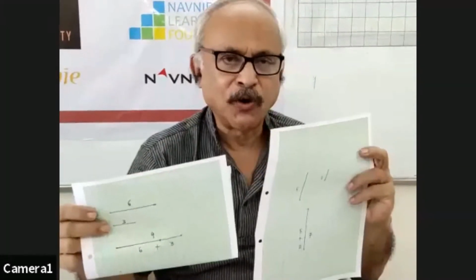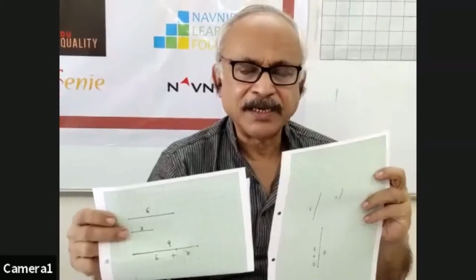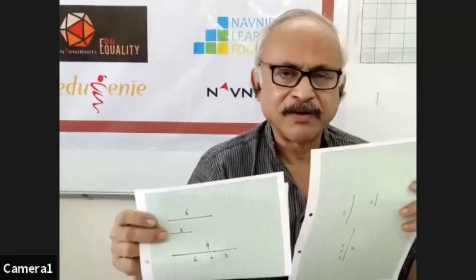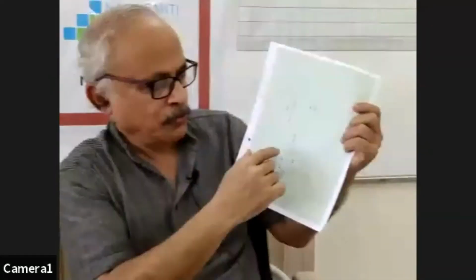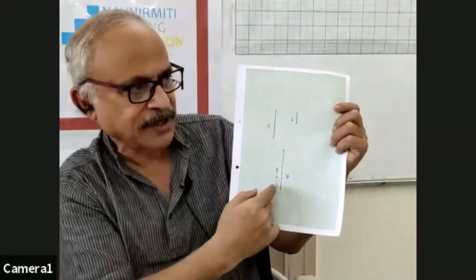But of course, as you know, mathematically, they are the same thing. I can draw horizontally, I can draw vertically. But when I add 5 and 2, if I've drawn 5 vertically and 2 vertically, I have to join them vertically.